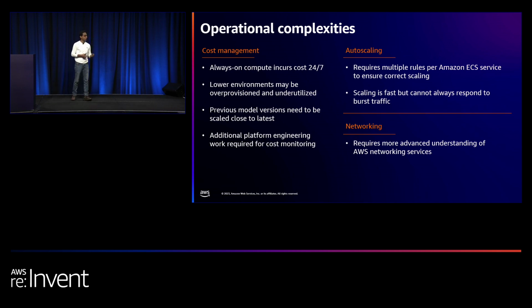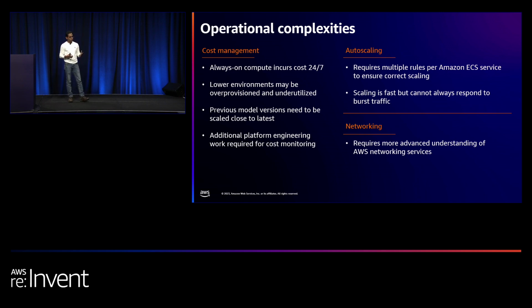From a cost management perspective, with ECS on Fargate or even on EC2, the compute is always on. So you're always paying for the cost of that compute, the minimum compute that you're using 24/7. Their lower environments, the test and the dev environments, were always over-provisioned and underutilized.